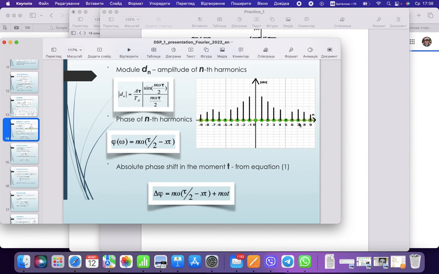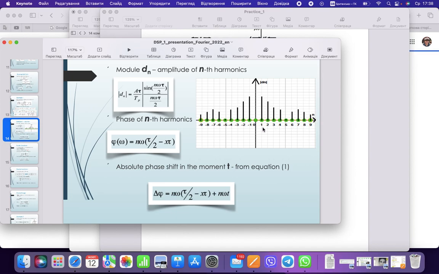In the coordinates of module dn, you will put just these discrete values. You can plot the dependence of module dn on the vertical axis, and on the horizontal axis you can put, instead of just n, n omega, because you don't know omega, you don't know the round frequency. That's why you can put it here, and in such a way it will not be necessary to calculate it.